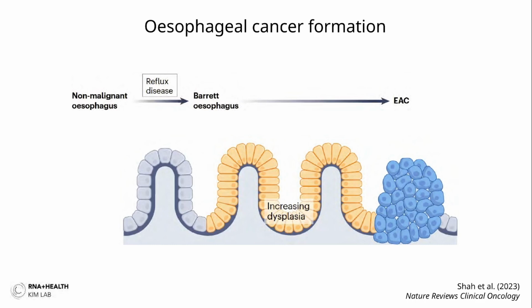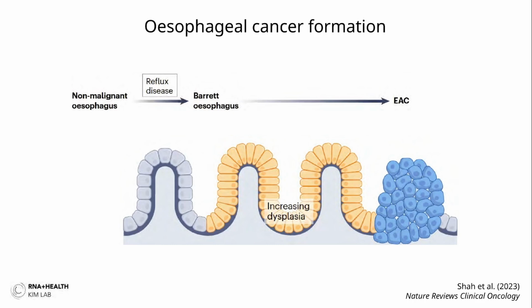But the reason why we wanted to focus on esophageal cancer initially is because we know that, for example, in the United States, 1 in 5 adults suffer from gastroesophageal reflux disease. And so when you have reflux disease, this predisposes you to this pre-malignant condition called Barrett's esophagus, where if you leave it unchecked, this can lead to increasing dysplasia and the formation of esophageal adenocarcinoma.